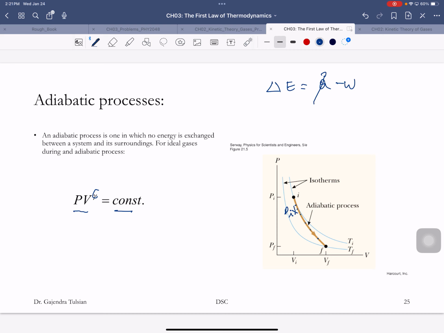Okay, so in an adiabatic process, that's one of the things we like to do in physics. Here's a process. Along this process, can you say if something is constant? And this guy is constant.